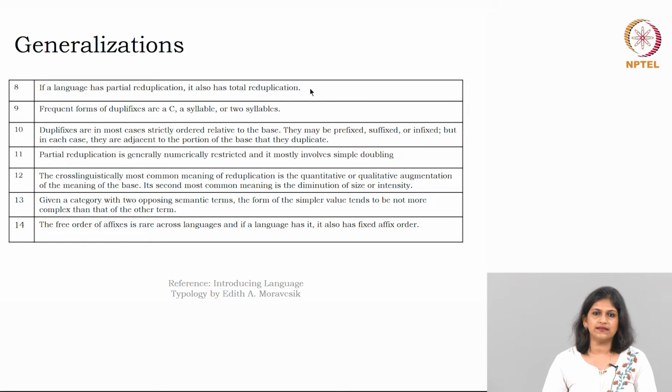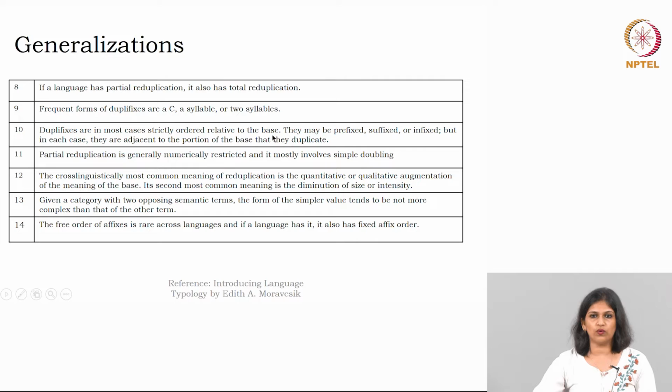So, when does duplifix occur, or when do we see duplication in its most frequent forms? In most of the cases they are ordered relative to the base. If it is teacher, I am not going to go into the duplication first.